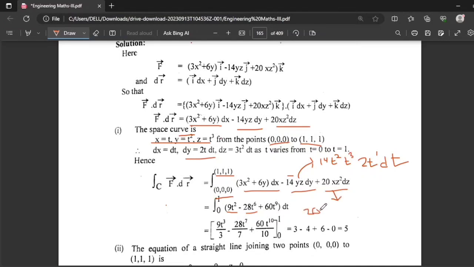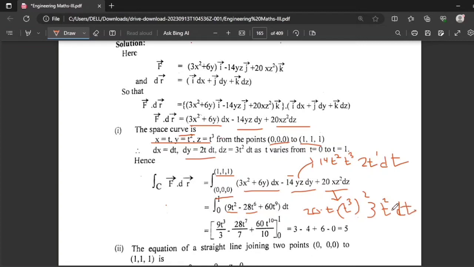And here it is 20 multiplied by x is simply t, z² is this, t³ the whole square, and dz is 3t² dt.